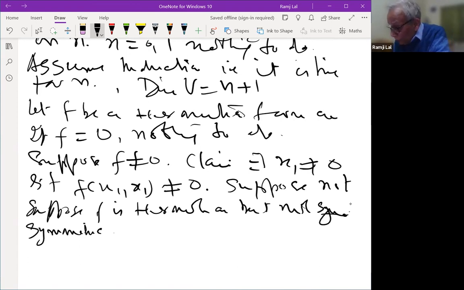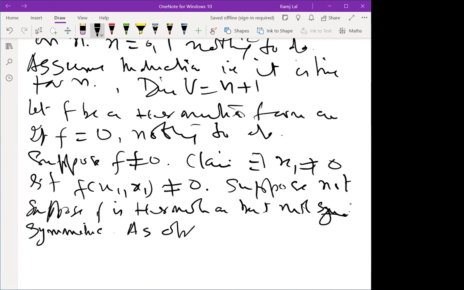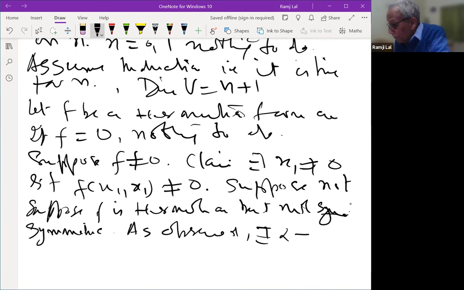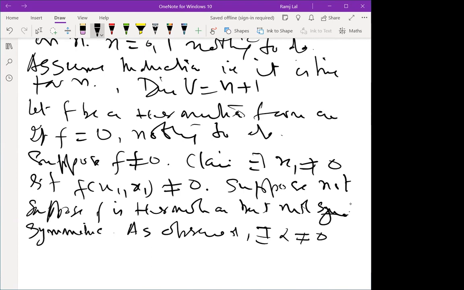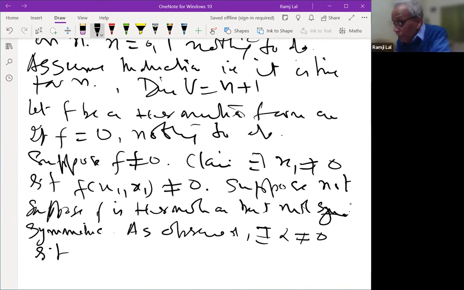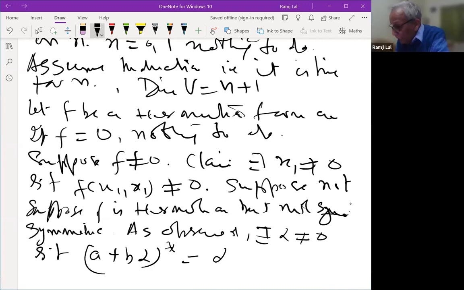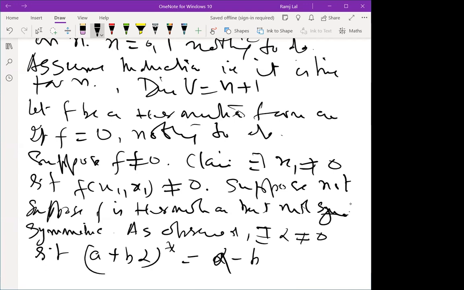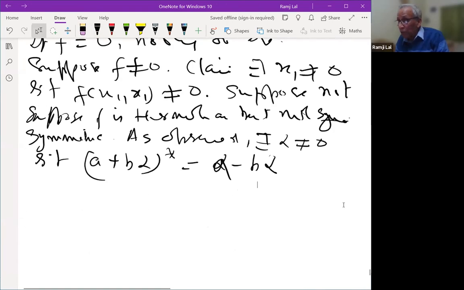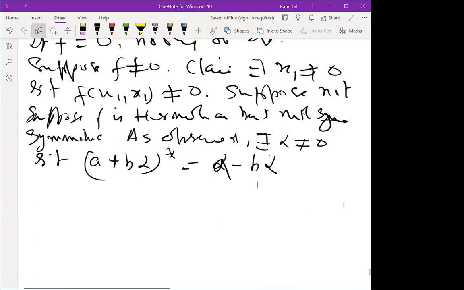Then, as observed earlier, there exists alpha different from 0 such that every element of F can be written as A plus B alpha, and A plus B alpha star is equal to A minus B alpha. This is something which we had already observed, if star is non-trivial.